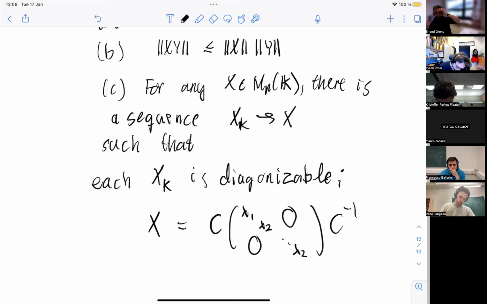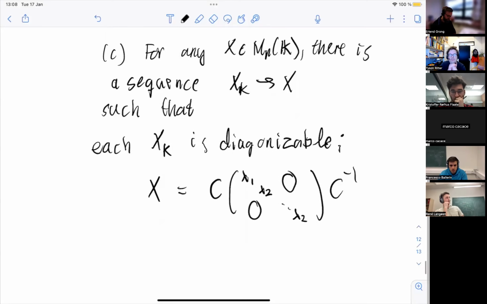So what did it mean to be diagonalizable? It means that if we change a basis, then it looks like a diagonal matrix. That is essentially just taking an inverse of a matrix, so C is in GL(n, K), applying this and going back. And maybe you remember that you could do this with all of your matrices in linear algebra, but in fact, you can't.